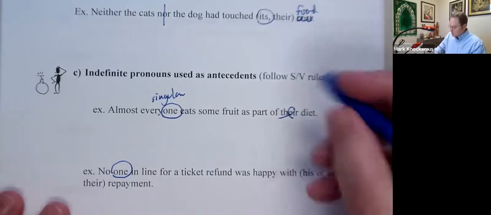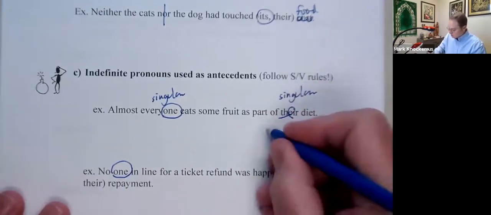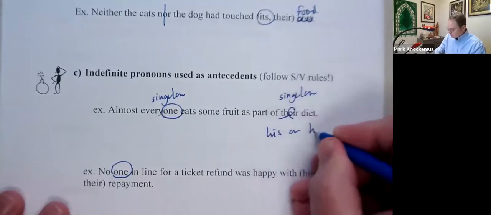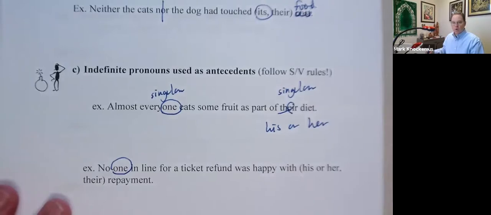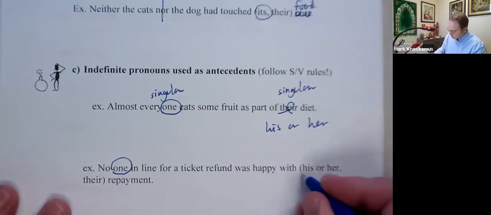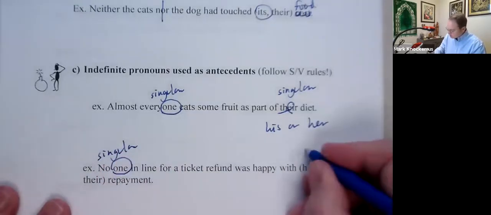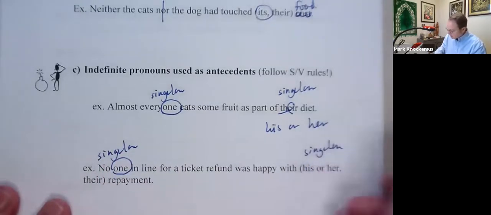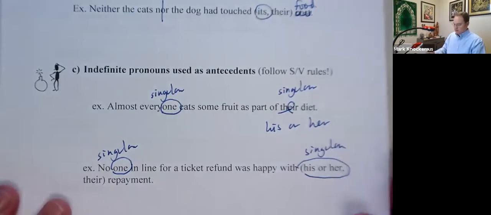So we have to change this to be what? Singular. His or her diet. No one in line for a ticket refund was happy with one, singular, so we have to get singular again. His or her repayment. Nice.